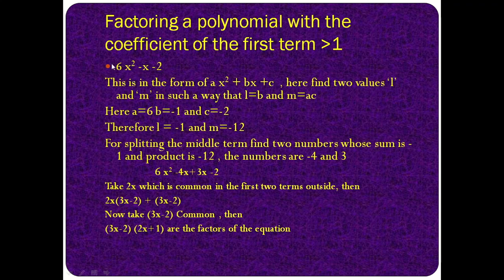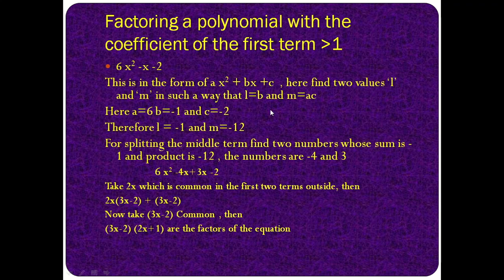So if the equation is just like this, with the first term having a coefficient greater than 1, you will have to find two values, and we can label them as L and M. L is equal to B, the middle term, and M is equal to A into C.